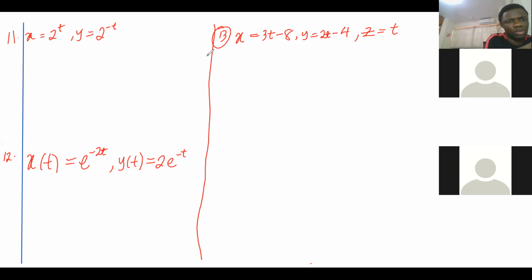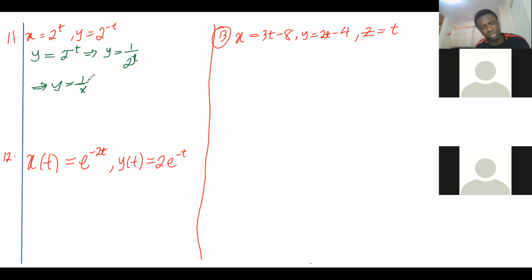So since most of you have done that, you start from Y here because it has negative. You're lucky that you have the same base, so there's no need to panic. So Y could be 1 over 2 raised to the power t, and this is your X. So basically Y equals 1 over X. So the function in terms of reciprocal, the rational function basically.